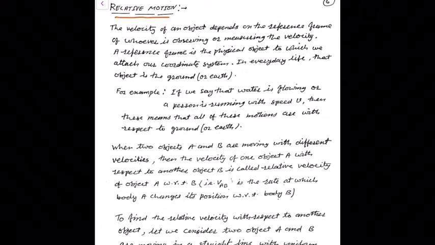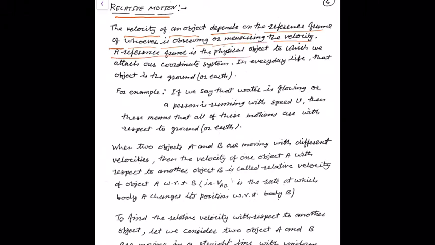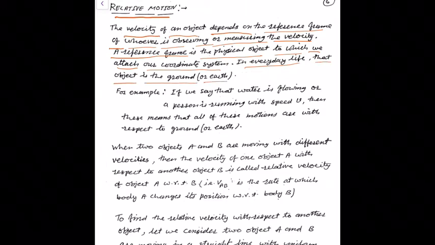Thus, whenever we have to describe the velocity of a body, we have to mention the observer with respect to whom the velocity is being measured. The velocity of an object depends on the reference frame of whoever is observing or measuring the velocity. A reference frame is the physical object to which we attach our coordinate system. In everyday life, that object is the ground or earth.